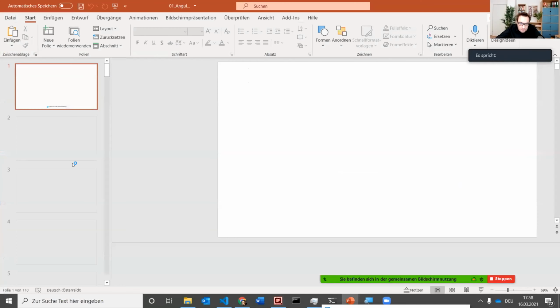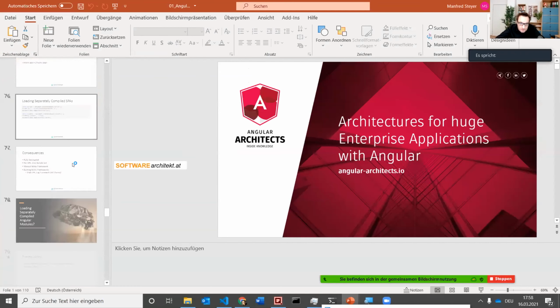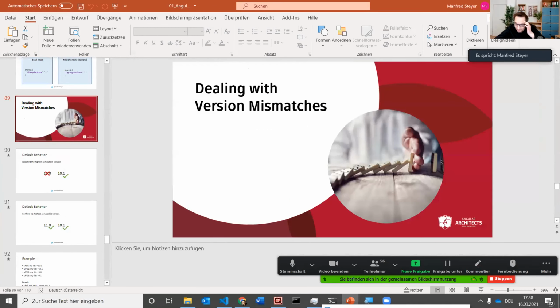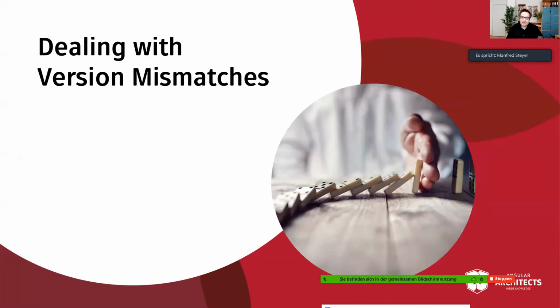So this is what I'm doing in my workshops. The fun thing is that module federation has been implemented twice. After it was in beta, they found out they needed to re-implement it to provide more flexibility for preventing version conflicts or version mismatches, as they call it.